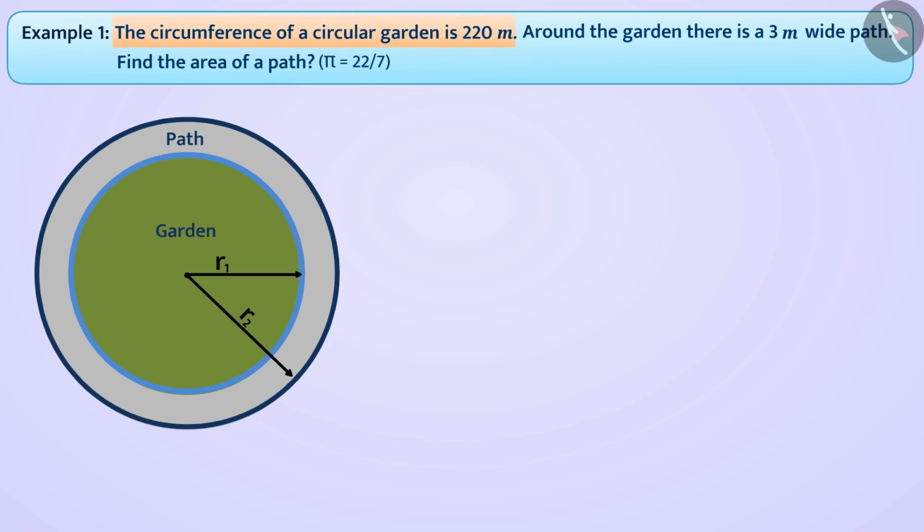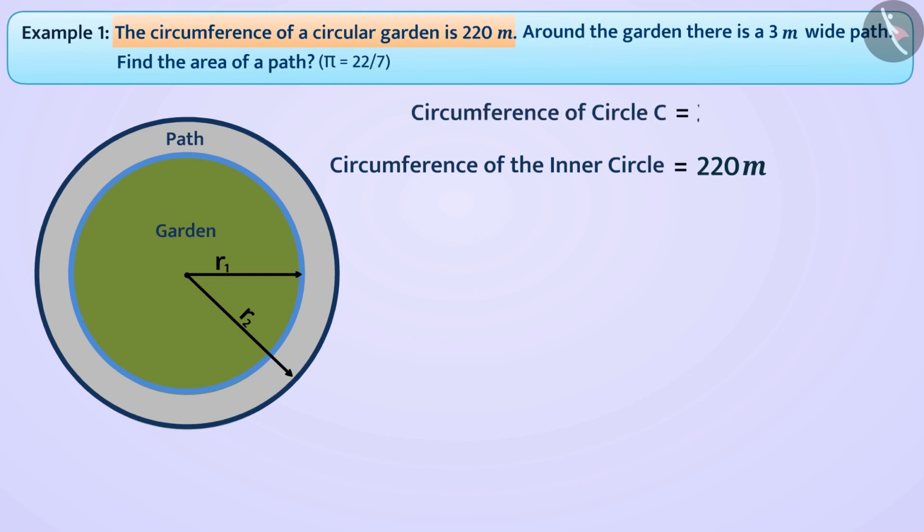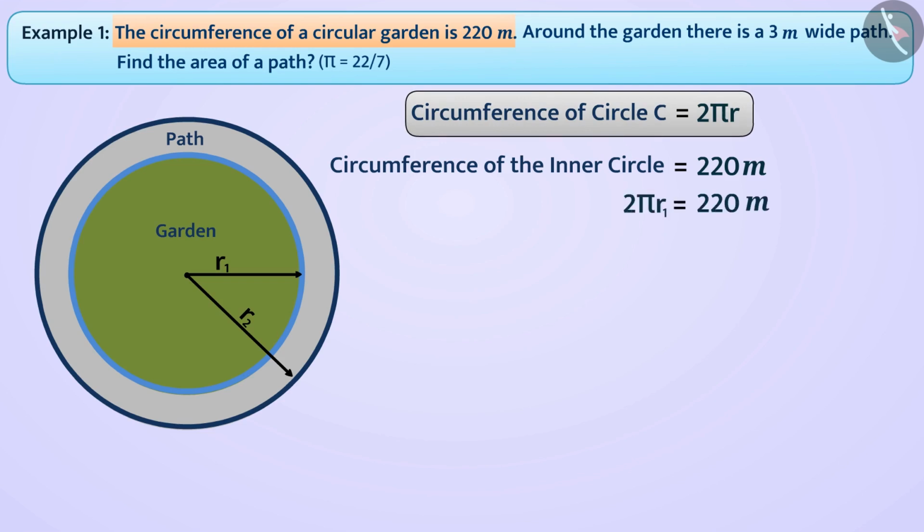According to given information, the circumference of the inner circle is 220 meter. Since the circumference of the circle is C is equal to 2 pi r, therefore here 2 pi r1 is equal to 220 meter. So it is 2 multiplied by 22 by 7 multiplied by r1 is equal to 220 meter.